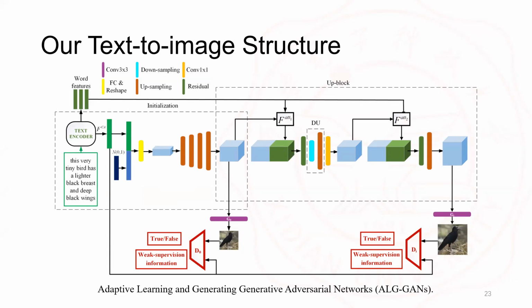Thus, the model has the opportunity to throw the useless and improper information away, which is called the forgetting mechanism. For the second problem, we design a multitask discriminator to fully utilize the additional weak supervision information in the training process, which can help the discriminator guide the generator in detail.